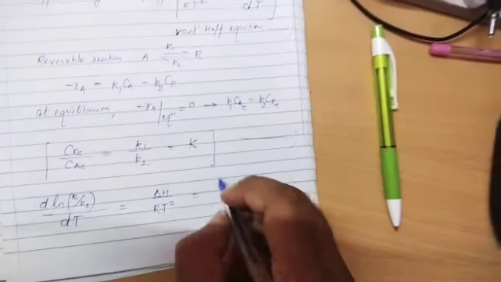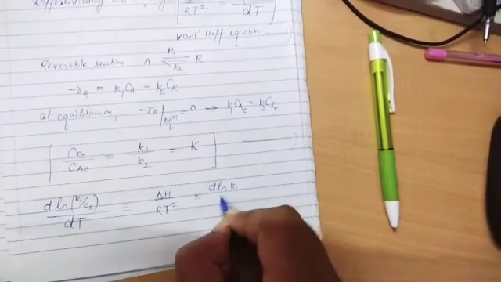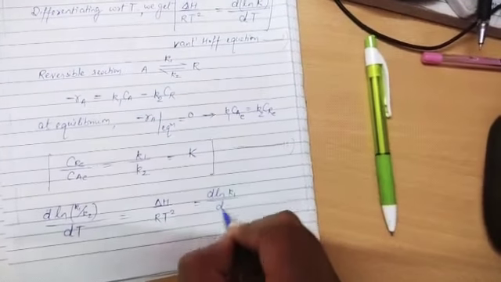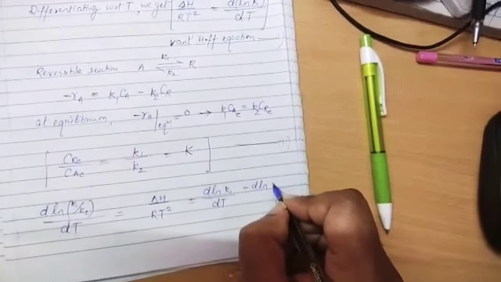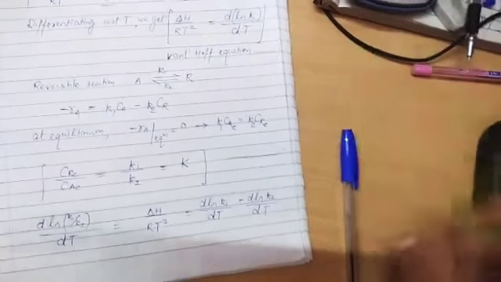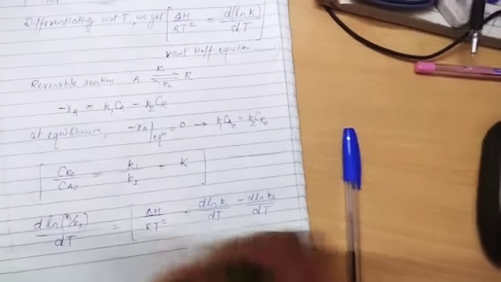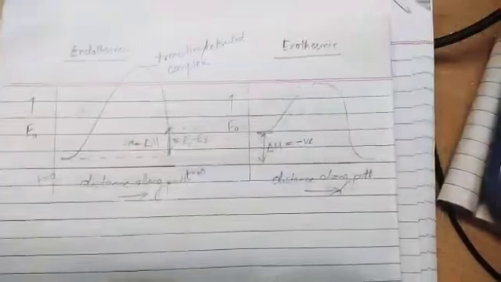We can also write it as d ln k1 upon dT minus d ln k2 upon dT. Nothing special, just the property of logarithm. And let's give this equation number 3.